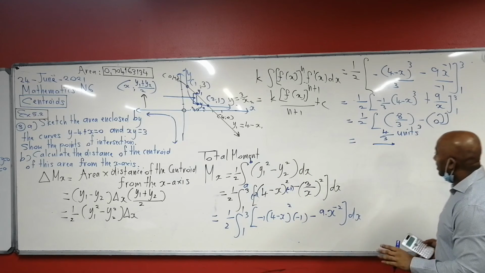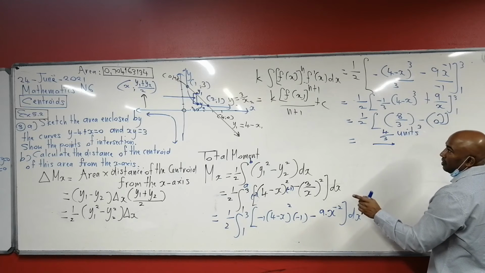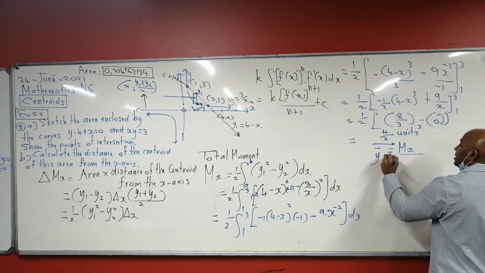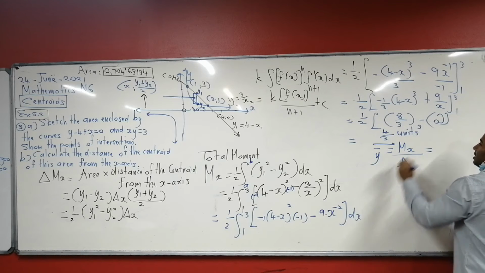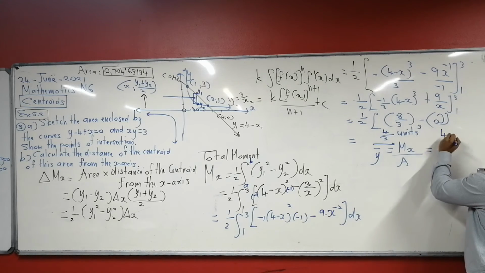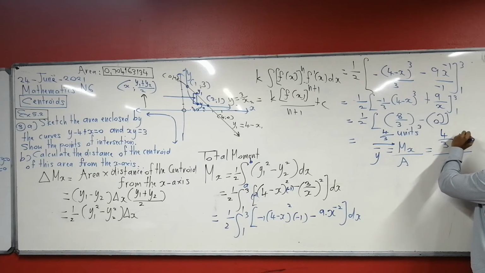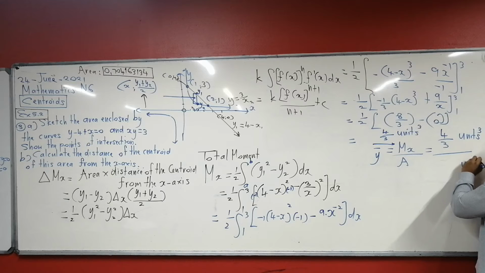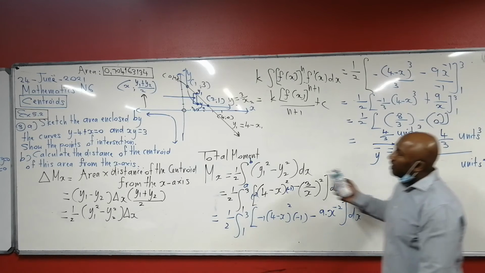It's up to you. So now we want y, which is equal to Mx over A. What is my Mx, which I just worked out now? 4/3 units to the power 3, and your area is units squared. What is the area that we worked out?